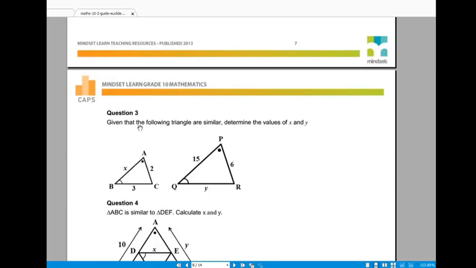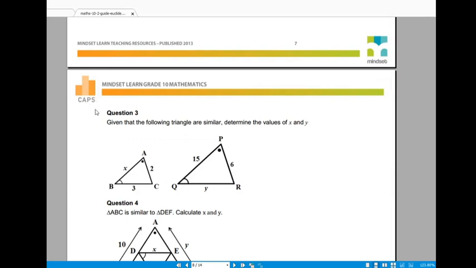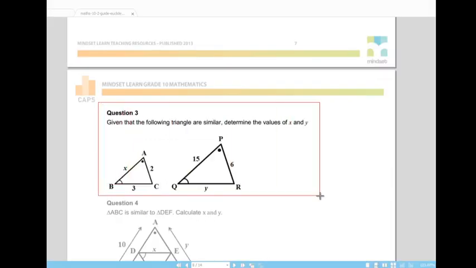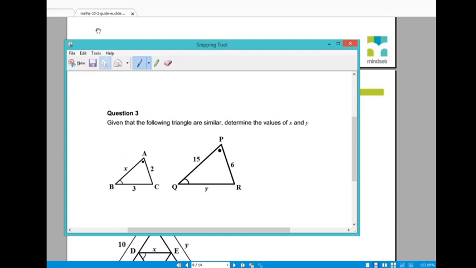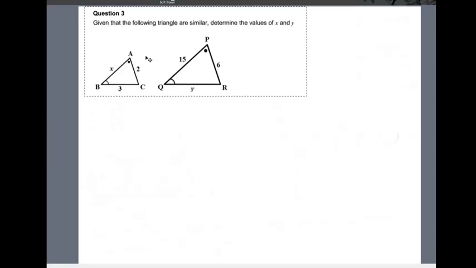Given that the following triangles are similar, determine the values of x and y. So they tell us that these two triangles are similar. We have to calculate x and y. Okay, so to do that, we will use the fact that with similar triangles, the corresponding sides are in the same proportion, right?